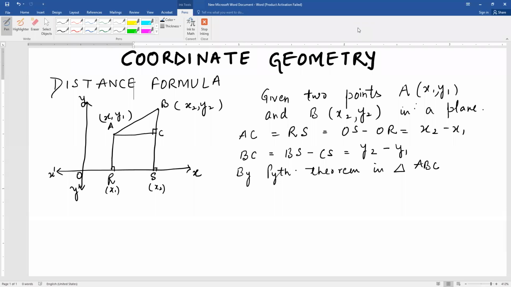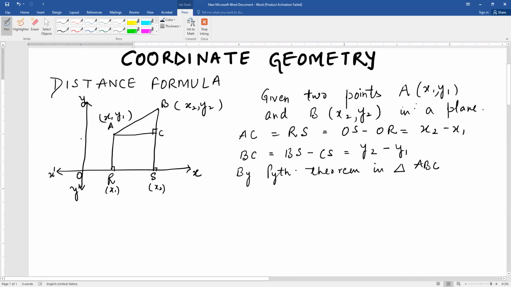Good morning, students. Today we'll be starting the new chapter, Coordinate Geometry. As you already know, we have studied coordinate geometry in class 9th also. You know the horizontal axis is called x-axis and the points on the horizontal axis, that is x-coordinates, are also called abscissa.